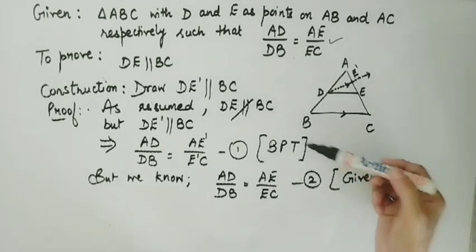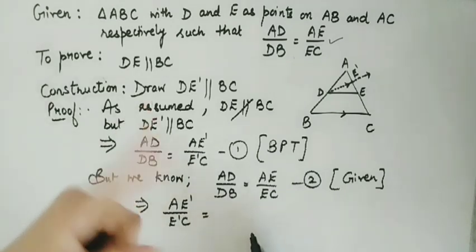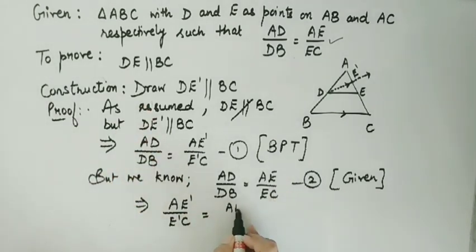Now from equation 1 and equation 2, what do we conclude? Their LHS is equal, so RHS must be equal. RHS is AE dash by E dash C must be equal to AE by EC.